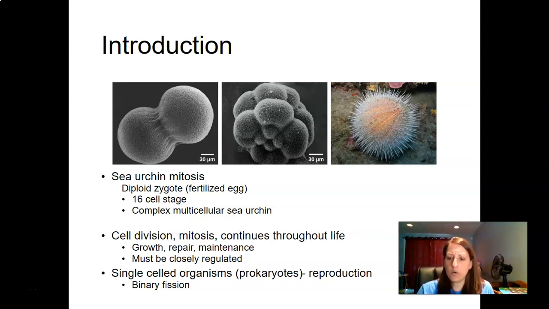So single-celled organisms, we've learned about these by now, right? So we've heard of prokaryotes, right? Organisms that are single-celled and that lack membrane-bound organelles, including a membrane-bound nucleus. Those are what prokaryotes are. They're going to reproduce asexually, pretty much by mitosis. We give it a special name. It's called binary fission.